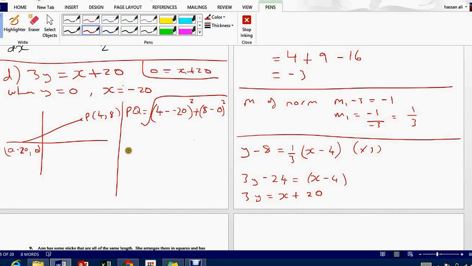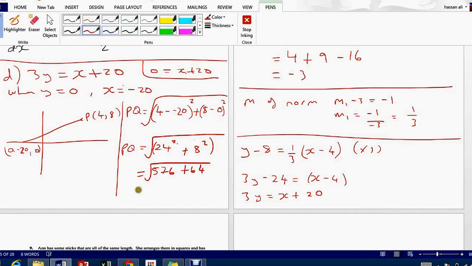Remember, they want it in surd form, and you're not allowed to use calculators in your C1 exam. So that will equal 24 squared plus 8 squared, all of that square rooted, so that will equal 576 plus 64.